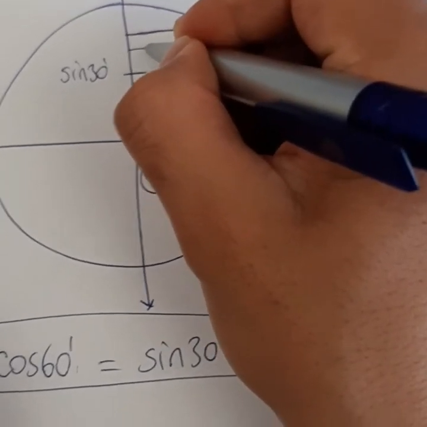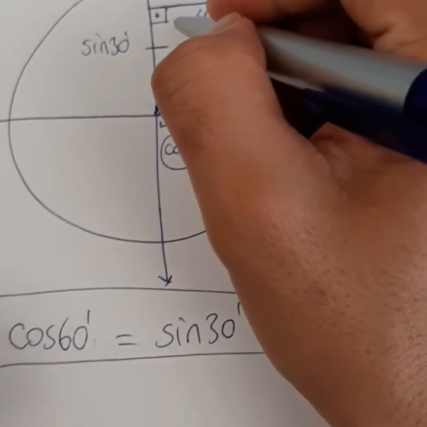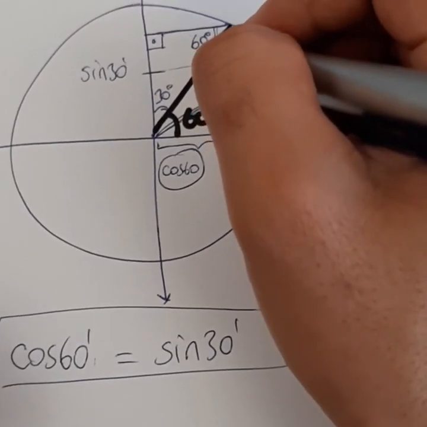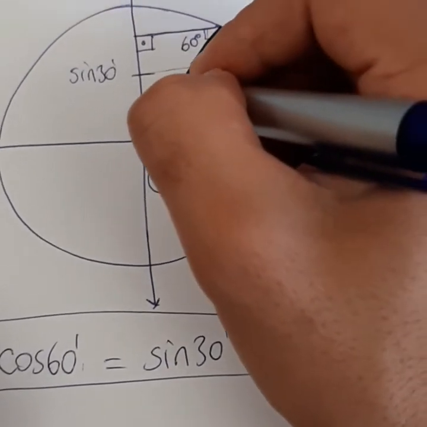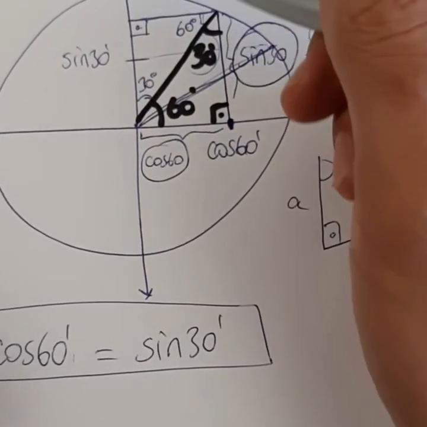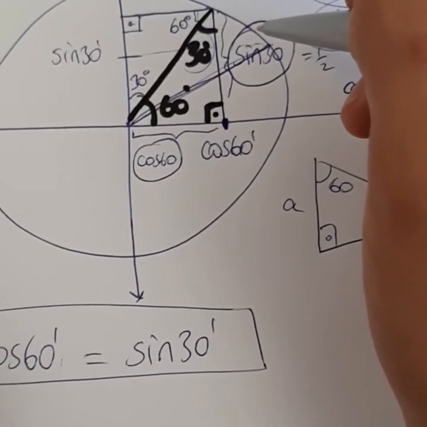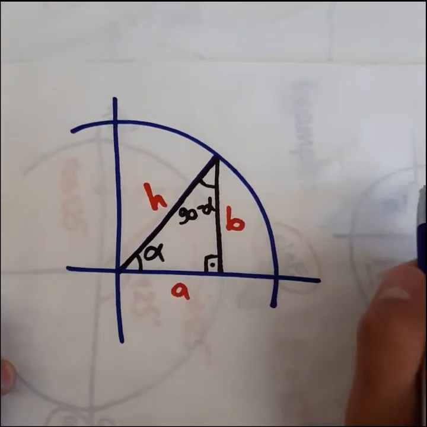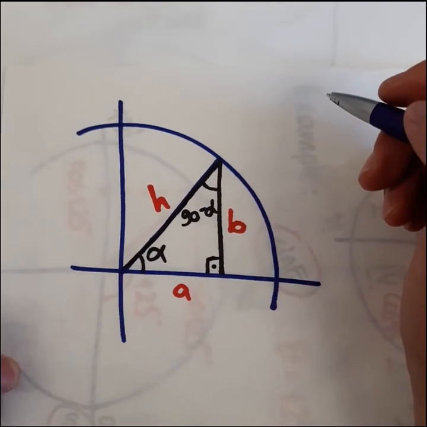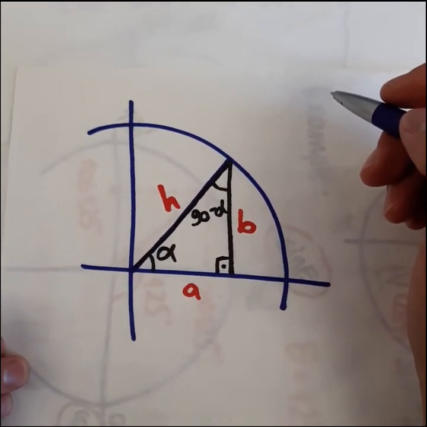So here another triangle is formed with the same angles: 90 degrees, 60 degrees and 30 degrees. So let me, dear friends, show you the equivalence of sine and cosine in the right triangle.